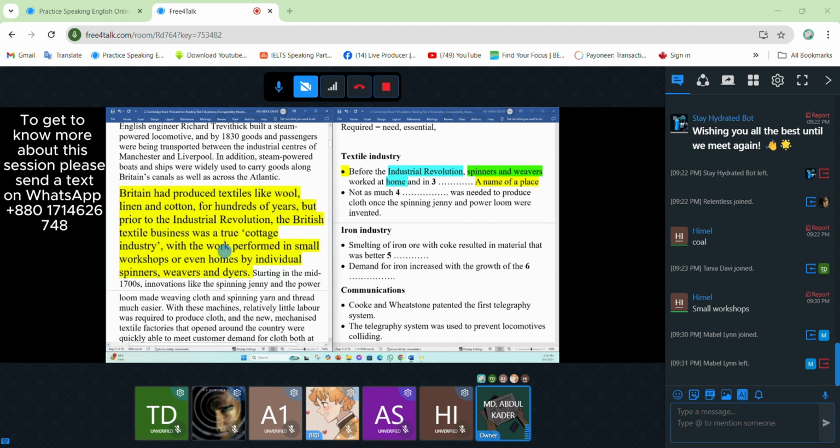Okay, let's read this line. Britain had produced textiles like wool, linen, and cotton for hundreds of years.